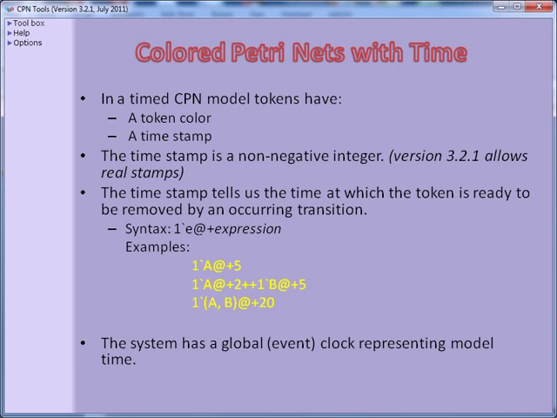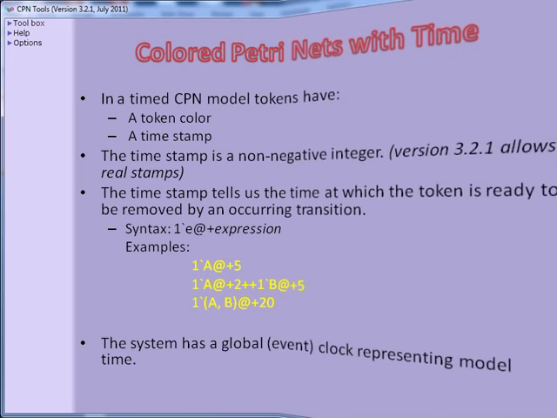So for example, if the global clock says 0, none of these tokens that we have seen in these examples will be available at that time. When the clock time reaches, let's say 20, our last token AB will be available. We will spend some time understanding how this event clock works, since it is very important for implementing correct timing behavior of a colored Petri net model that uses time in it.